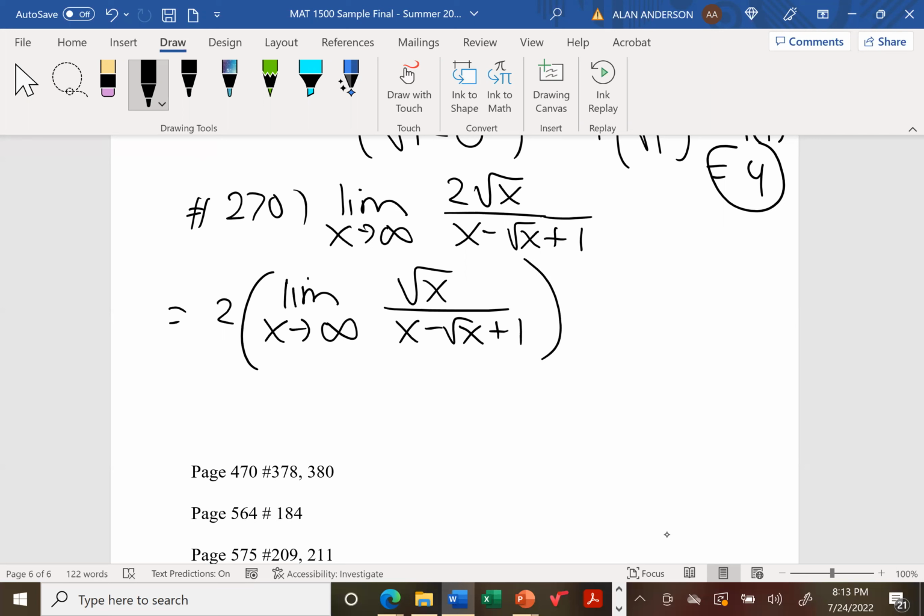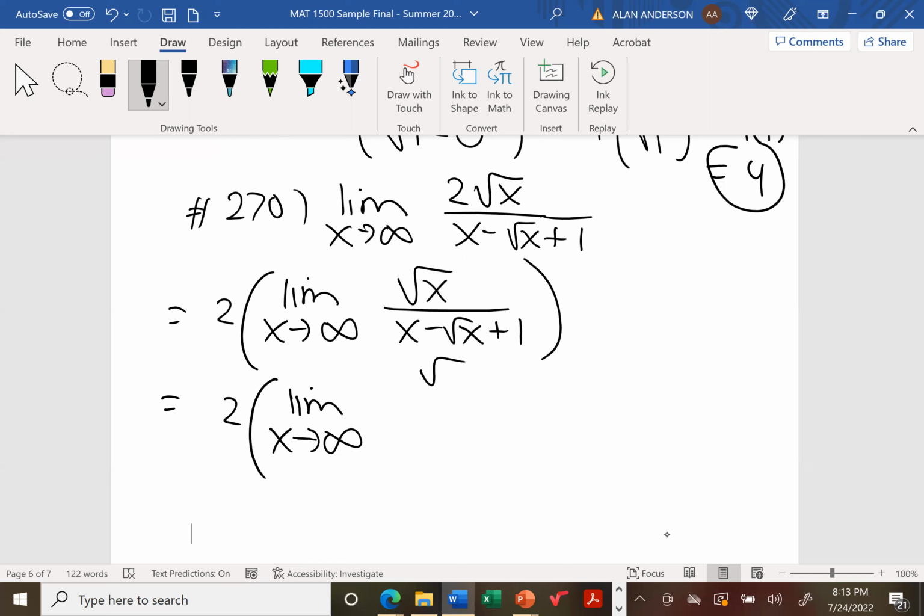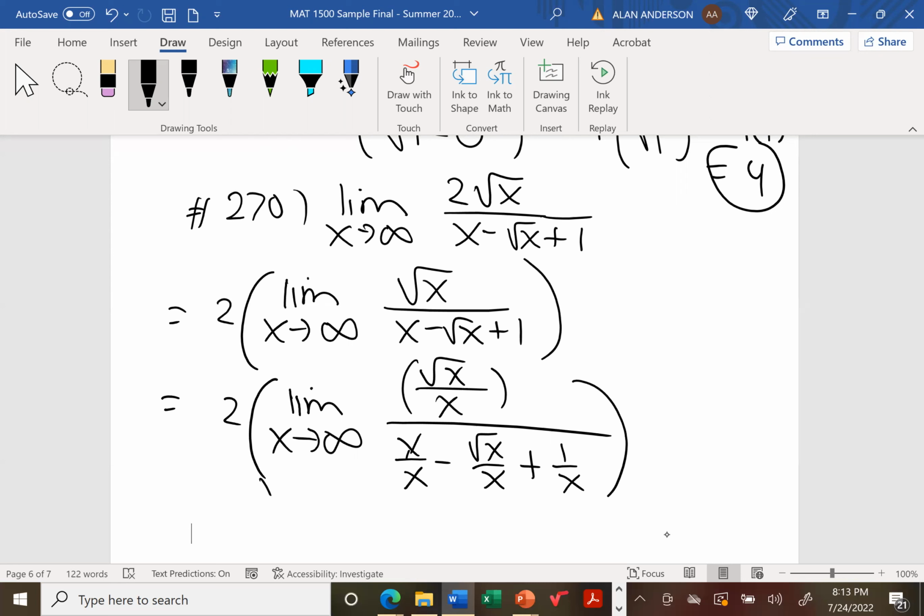So let's just divide everything by x. And also keep in mind, little side note here, radical x over x is the same thing as x to the 1/2 over x to the 1.